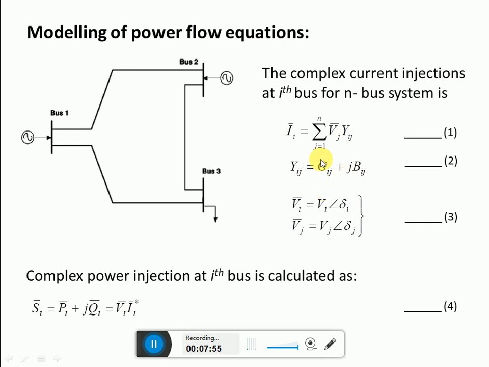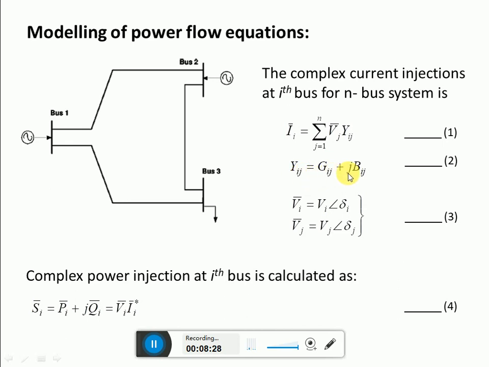So this expression is given by equation number 1. Similarly, we can get the power injection at any node, like the ith node; the complex power injection is represented by this expression. Here Vj is the voltage magnitude at node or bus j, and Yij is the line admittance, an element of the line admittance matrix.